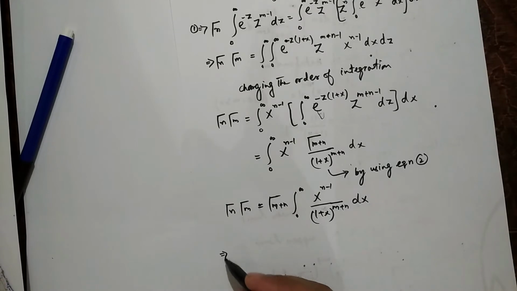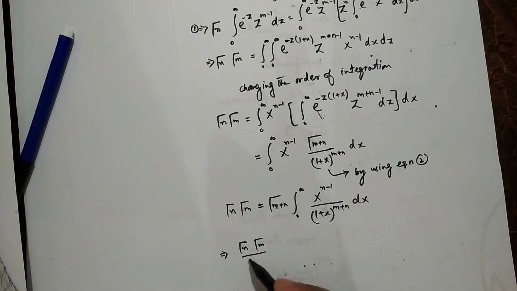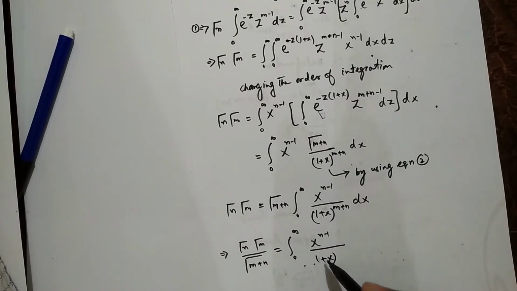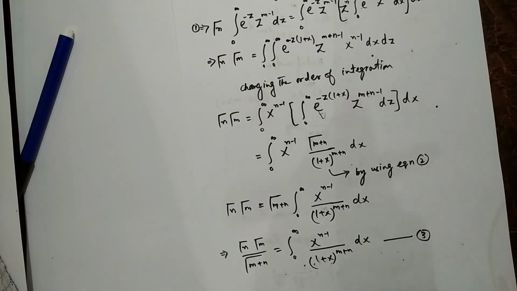So therefore this will be equal to gamma n gamma m upon gamma m plus n, which is equal to integral from 0 to infinity x to the power n minus 1 upon 1 plus x whole to the power m plus n into dx. This is equation number 3.